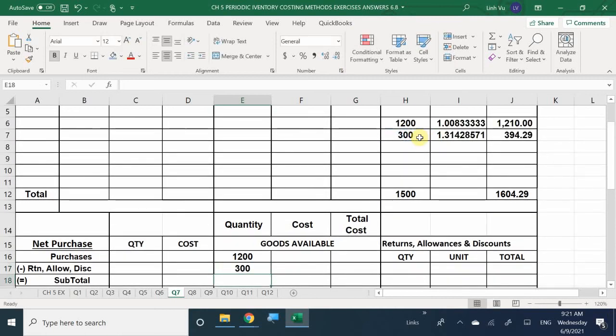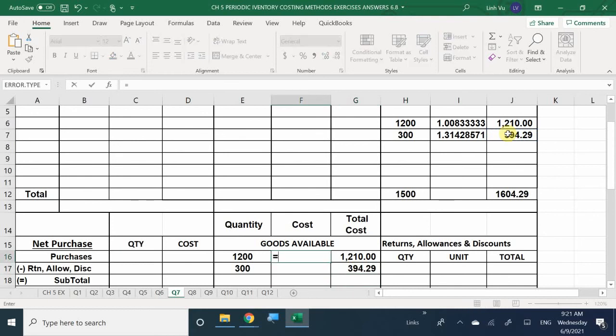The 300, and I'm going to transfer the information as well, 12, 10, and the 394.25, and of course the cost per item as well.